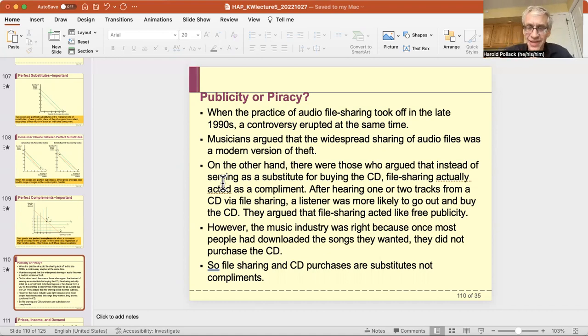Turns out, no, these things were substitutes. Once people had opportunities to download for free, they stopped buying CDs and stuff. And if you look at where musicians make money, it's really live performance more than it was 30 years ago, in part because there's so much free downloaded stuff. So that turns out to be important.